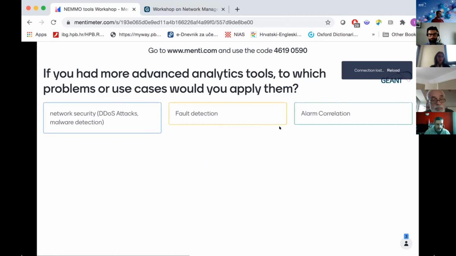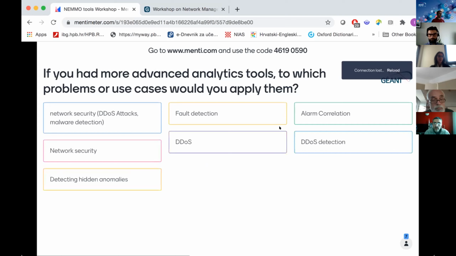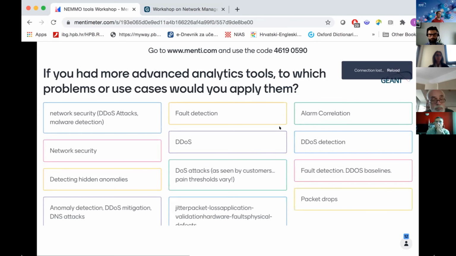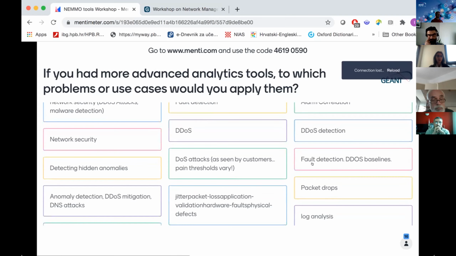So network security is one area. Yes, we do find this, that it is very important. As you might know, in the GÉANT project, there is a separate project which is marked as Work Package 8 that is dealing with security. So you might as well take a look at some things that they are working on.